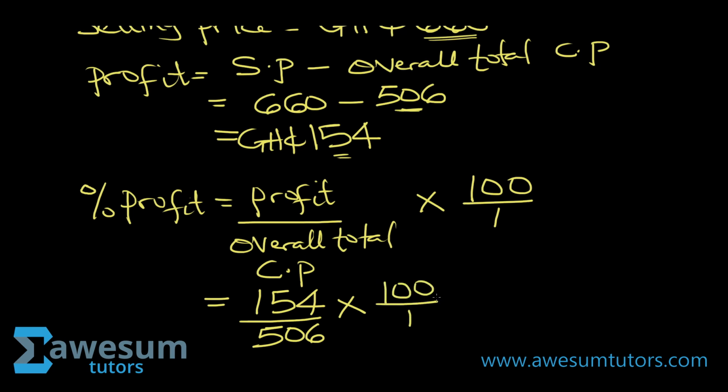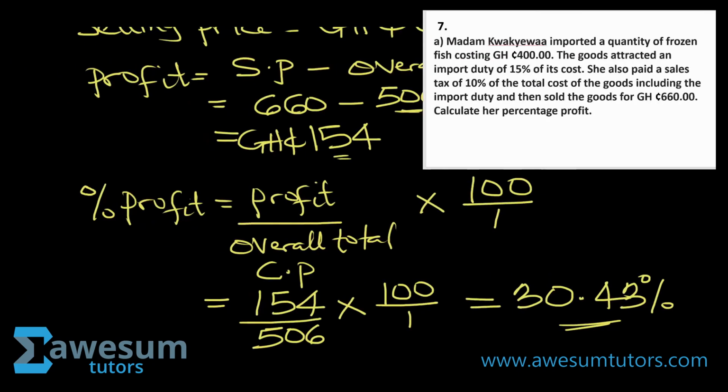If you multiply your numerator and then divide by 506, which is your denominator, your final answer is going to be 30.43%. Very good. So that means the percentage profit right here is 30.43%.